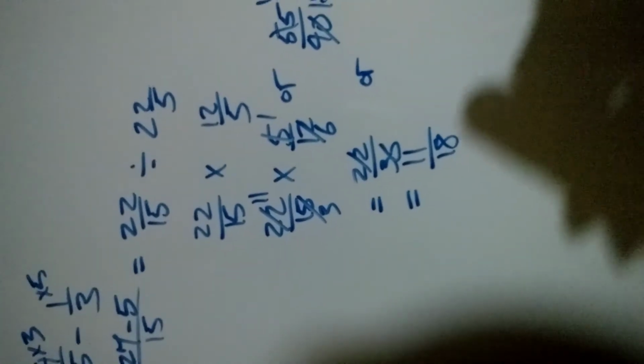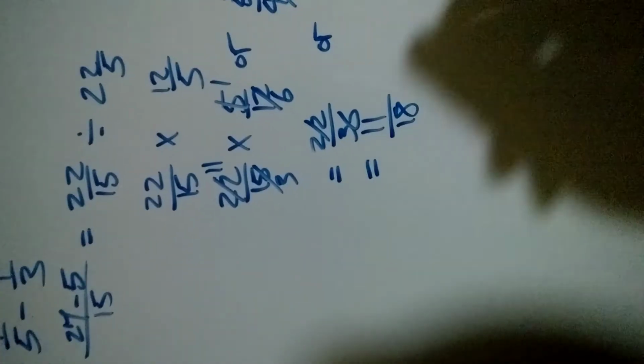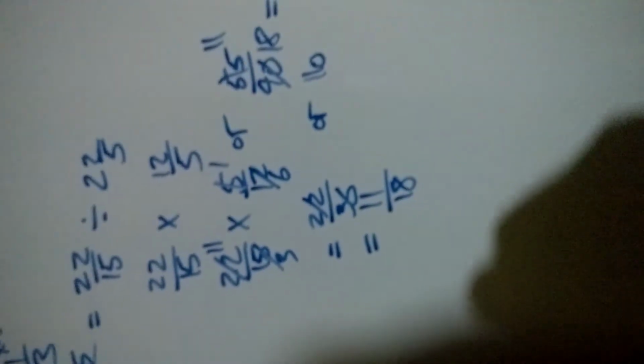Also, rather than cancelling, we could have simply multiplied across. So we would have had 22 times 5, which is 110, and 15 times 12, which is 180.